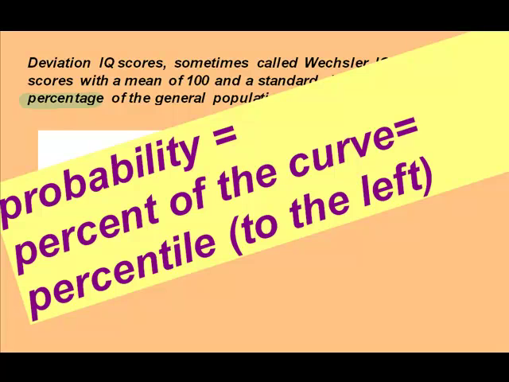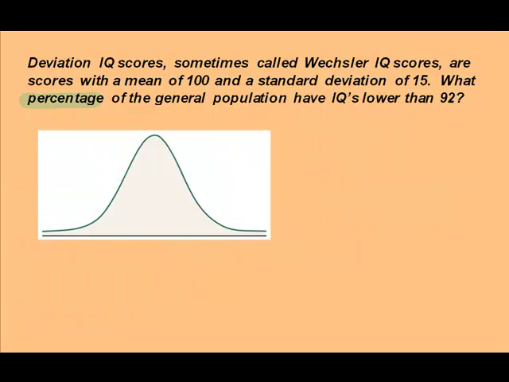And where do they come from? The suspense is building. Z-scores. The formula: x minus mu divided by the standard deviation. So what have we got here?